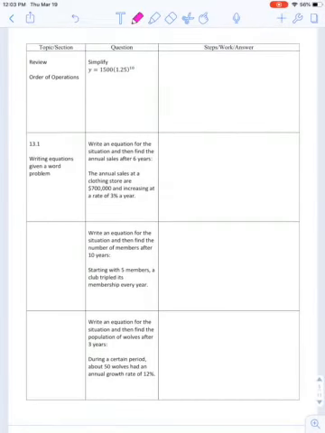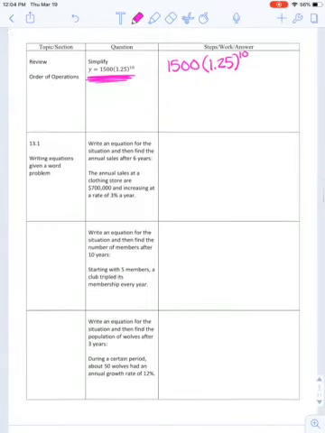Okay, so for example, if we want to simplify this equation, again, if you've got your graphing calculator, you can just plug in 1500 times 1.25 to the 10th power, hit enter, and you're good to go. If not, whatever you do, don't do this multiplication first.